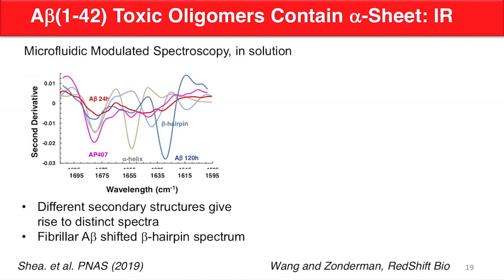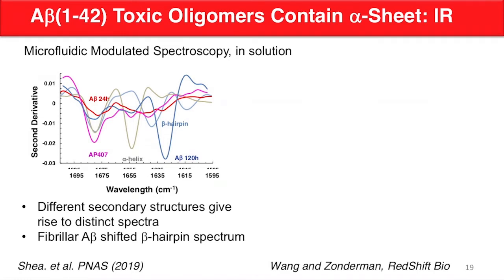The red is the most toxic species, and the blue at 120 hours is from the plateau region. So we're definitely getting different spectra for the different secondary structures. And the fibrillar A-beta is a shifted beta sheet signal compared with the beta hairpin, which has been observed before.